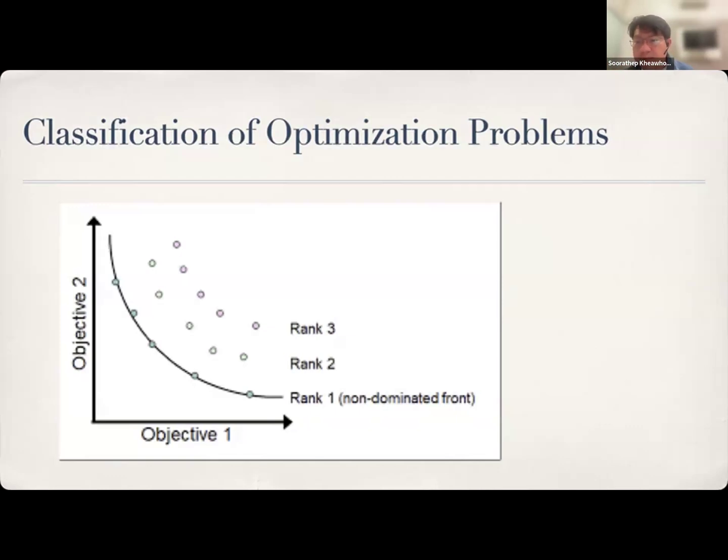But some algorithms require you to specify the weighting parameters before finding the solution. I don't encourage that kind of algorithm, because you have to specify the weighting parameters before you solve the problem, and sometimes you don't know the weighting parameters.